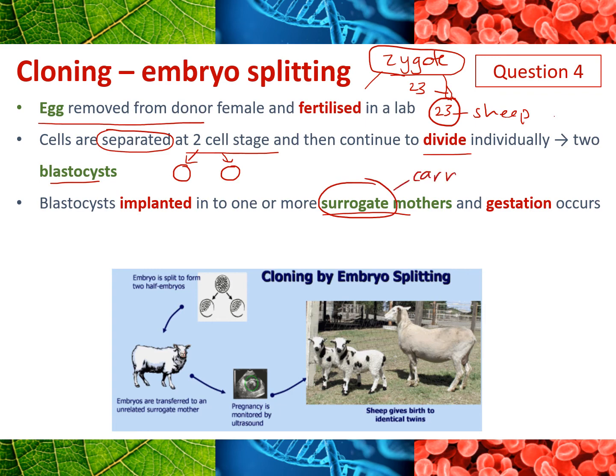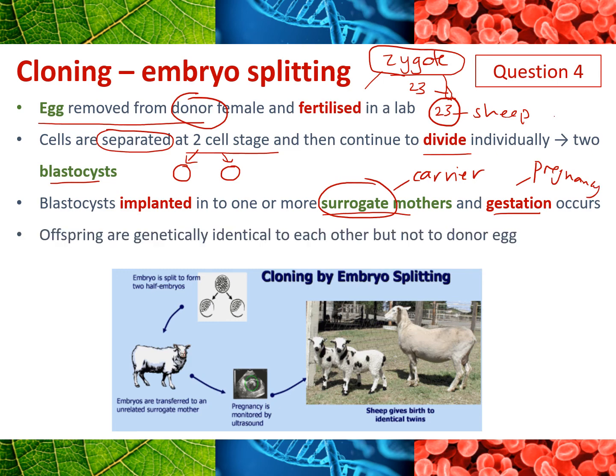The offspring will not have any of the genetic information of the surrogate. All the genetic information came from the donor at the beginning. So the surrogate is just going to carry the embryos through gestation, so through that pregnancy period, and then eventually give birth to the offspring.